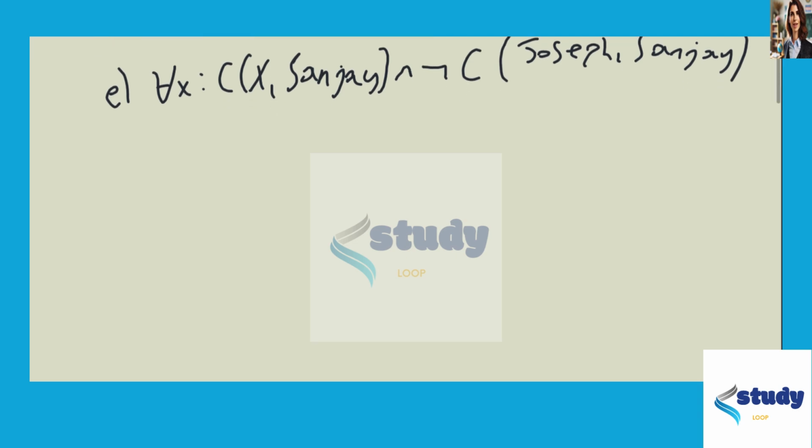Going on to part F. Now we have the statement here that someone in your class does not have an internet connection. So here we just use the exists, the backwards E, there exists an x, and then we use the negation of the I of x.